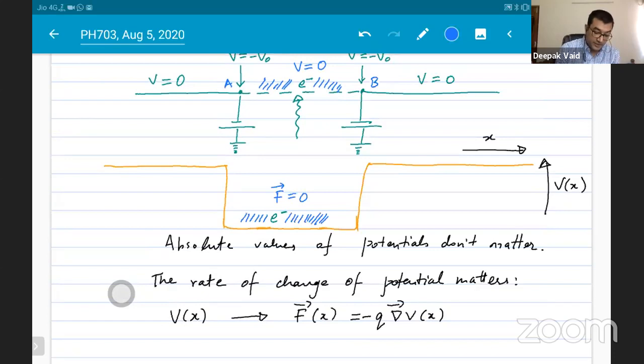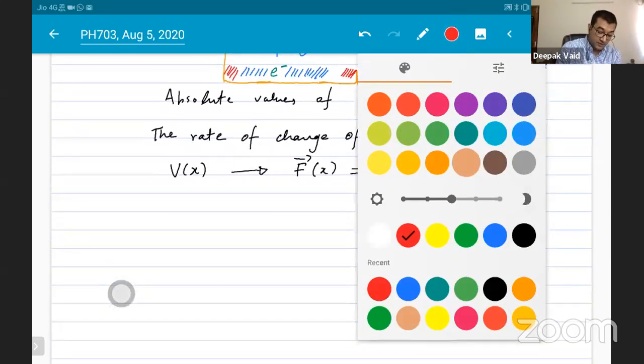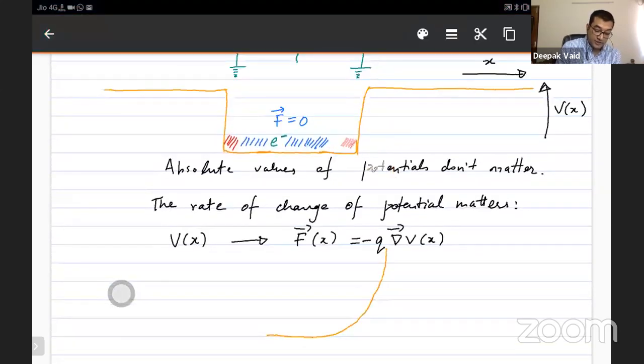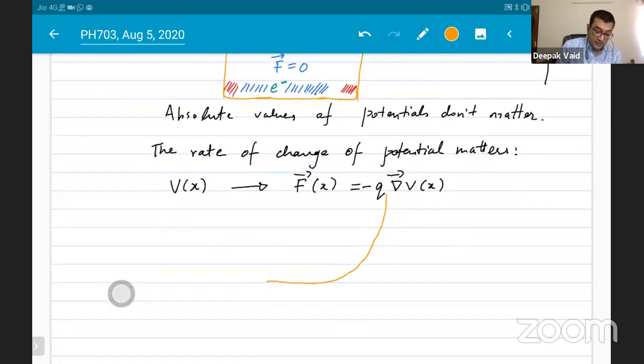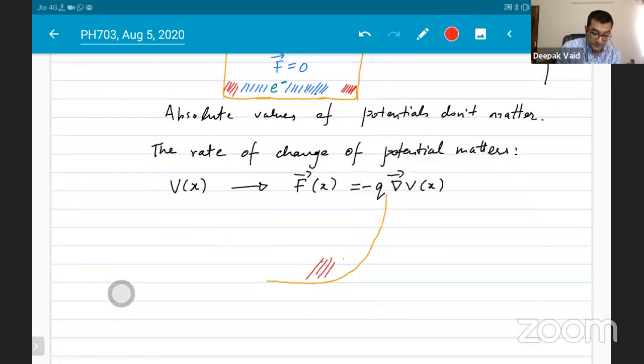But as soon as it reaches near the edges, what happens? Near the edge, the potential starts changing, right? If you zoom into this region, you will see that the potential starts changing. It won't be exactly like a step. And as the potential starts changing in this region, the electron feels a force.